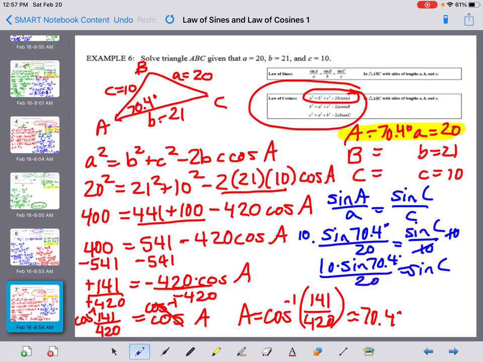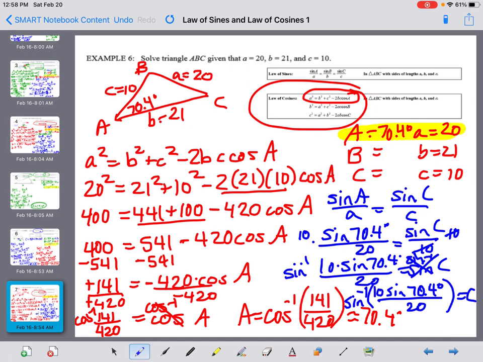That sine. How do I undo sine? Inverse sine. What I do to one side, I have to do to the other. So C is going to be the inverse sine of 10 times the sine of 70.4, all divided by 20.